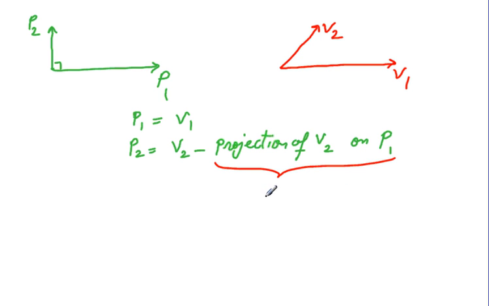We learned last time: V2 dot P1 over P1 dot P1, times P1. Okay, it looks a bit crowded, but that's perhaps the first crowded formula we got. So here's our formula. P2 is V2 minus that thing. Remember, this is whatever is in the direction of P1, and P1 itself is just a copy of V1.